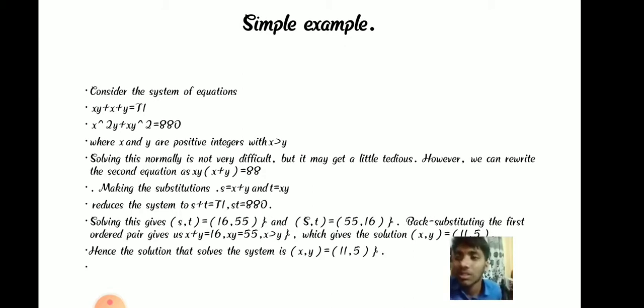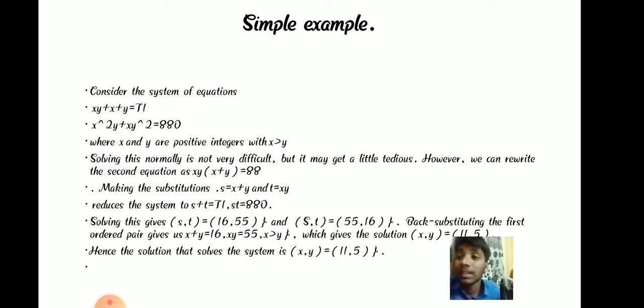So consider the system of equations xy plus x plus y equal to 71, and another is x square y plus xy square equal to 880, where x and y are positive integers with x greater than y. Solving this normally is not very difficult, but it may get a little tedious.